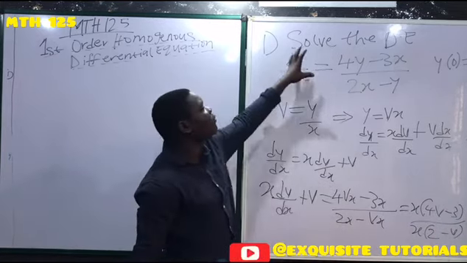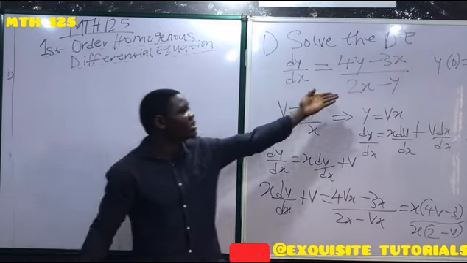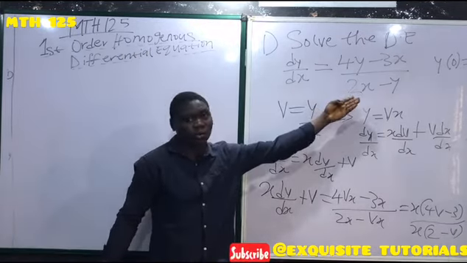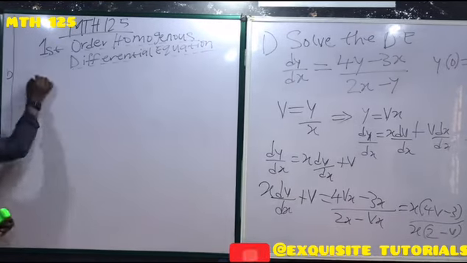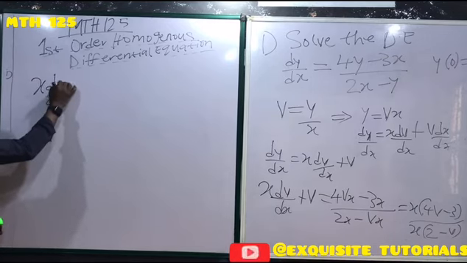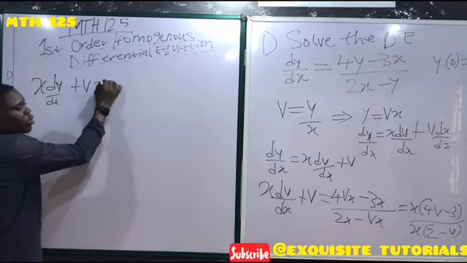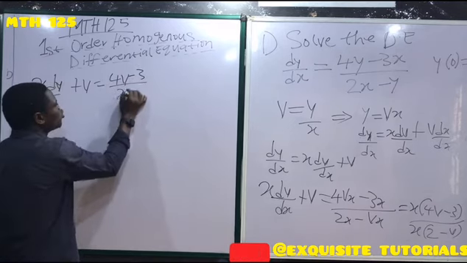So the aim of a homogeneous first order differential equation is to convert this, which is not variable separable, to look like variable separable. So if you observe now, we have x dv over dx plus v equals 4v minus 3 all over 2 minus v.